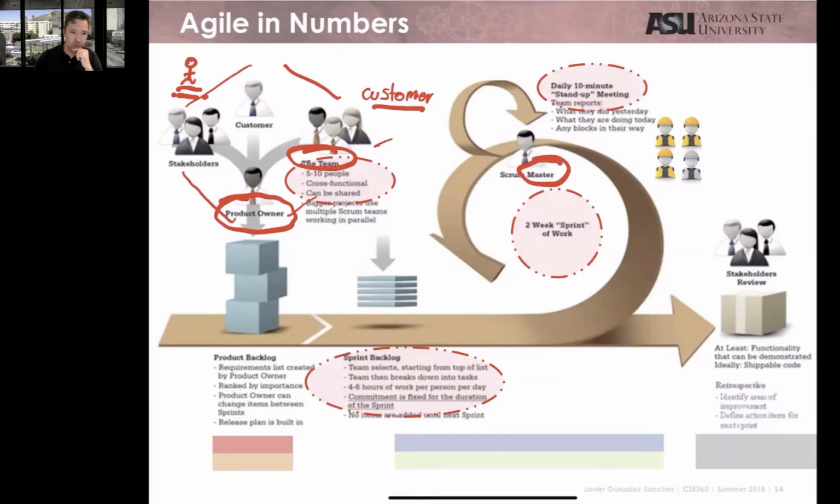The first thing that you do as a team with the customer, all of you, is to define what requirements you have at this moment for your product.